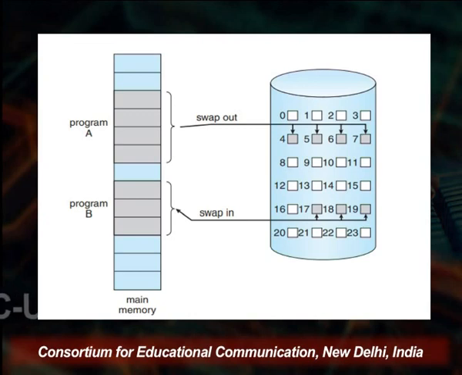Being a bit, it can have only two values, either 0 or 1. These values show that either the page is valid or invalid. So we call it a valid-invalid bit, and this is required in order to distinguish between the pages available in the memory and the pages which are available on the disk.